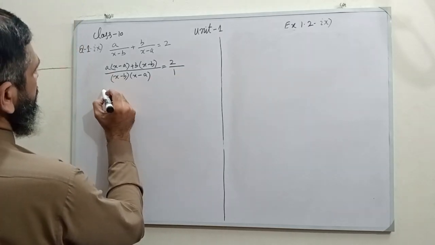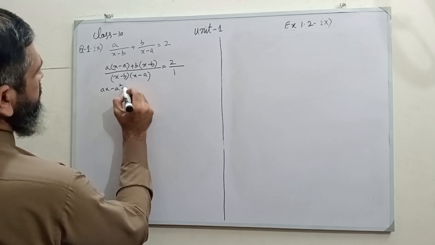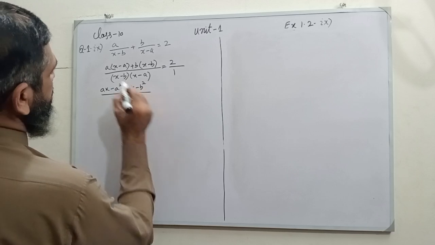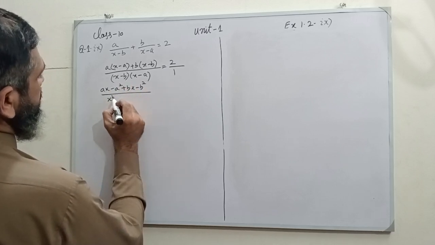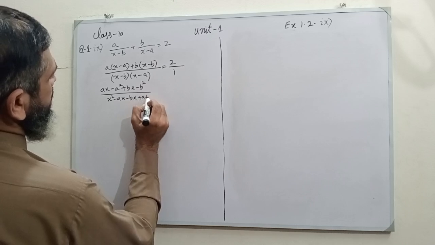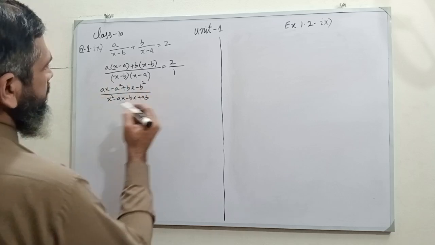Okay, so here ax minus a square plus bx minus b square divided by x square minus ax minus bx plus ab. Just simple multiplication method.